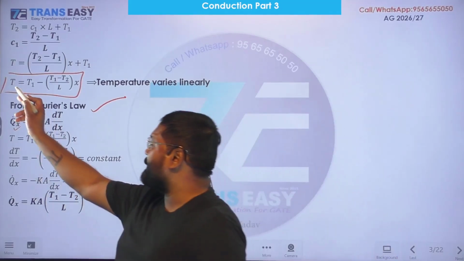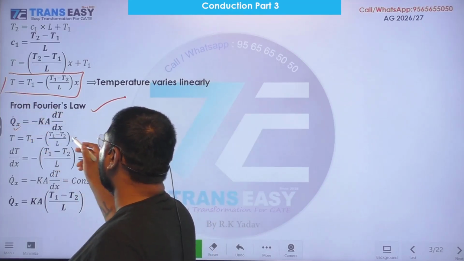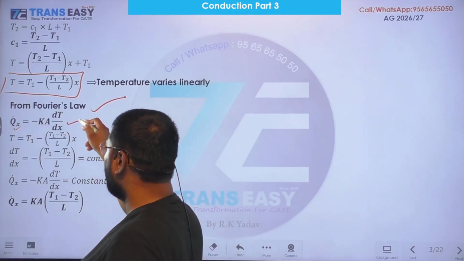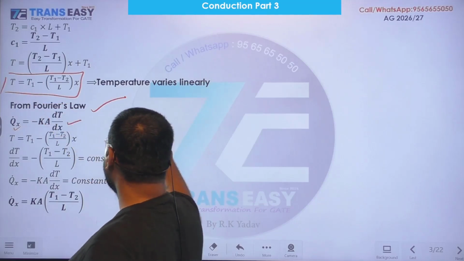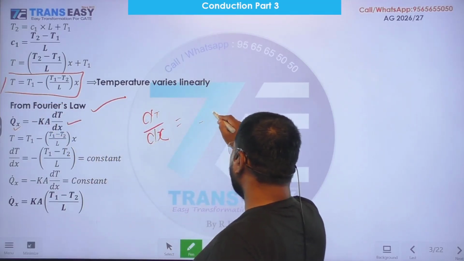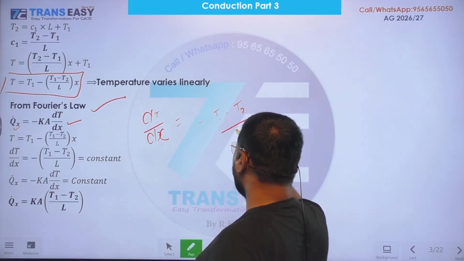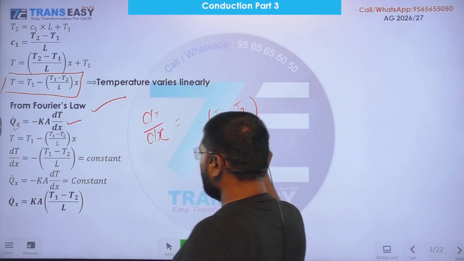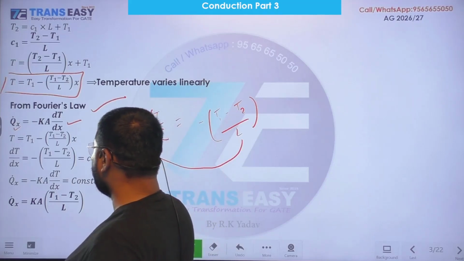Right, differentiate this with respect to x to get the value of dT dx. If you differentiate, you will get minus (T1 minus T2) upon L. Put the value of dT dx here.